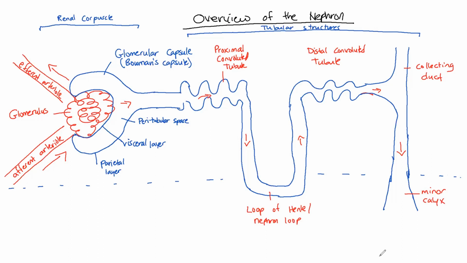All of these structures are located up in the cortex of the kidney, all right? So this is located in the renal cortex, that lighter or paler staining region towards the periphery of the kidney, whereas the loop of Henle dips all the way down into the renal medulla, okay? As well as the minor and then major calyx. So this is down in the renal medulla.